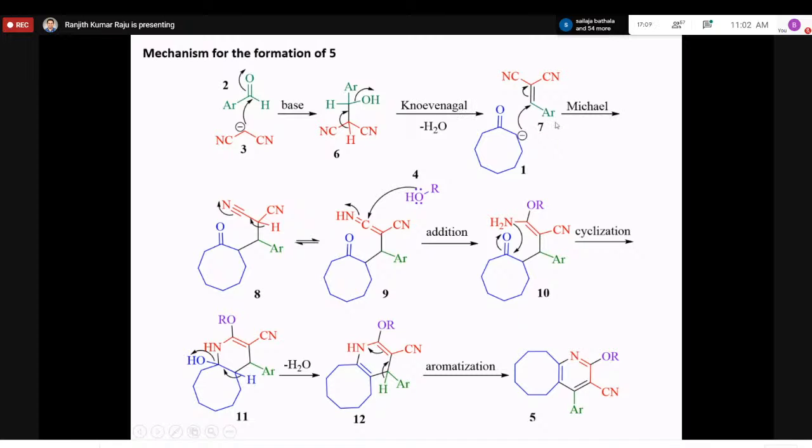The Michael addition occurs, and in between here, there is the nucleophilic addition between the alcohol and the imine carbon, which leads to this intermediate 10, followed by the cyclization, and the dihydropyridine, in the presence of air, leads to the more stable aromatic system. So the compound was isolated.